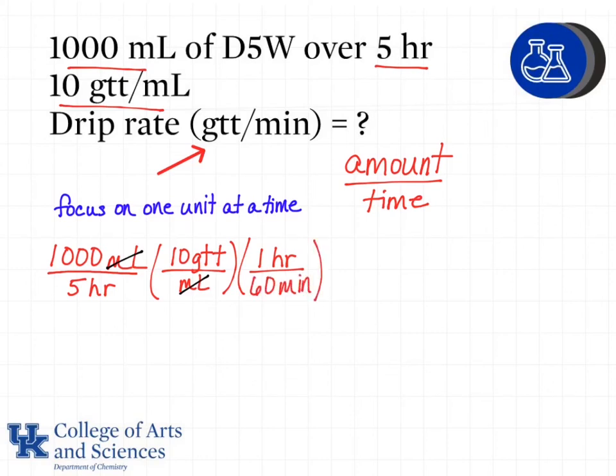And I'm going to put 60 minutes on the bottom because 1 hour is equal to 60 minutes. Again, there has to be a relationship between what's in the numerator and the denominator. And I see the hours cancels out. And when I look at the units that are left, I see I have GTT over minutes, which is exactly what's being asked for in the problem. Now, I can do the calculation and solve for my answer and get 33 GTT per minute.